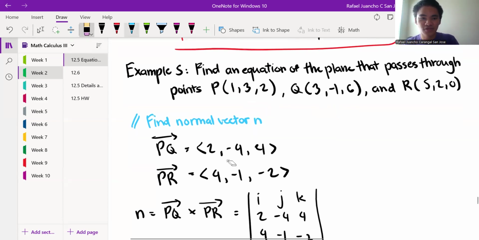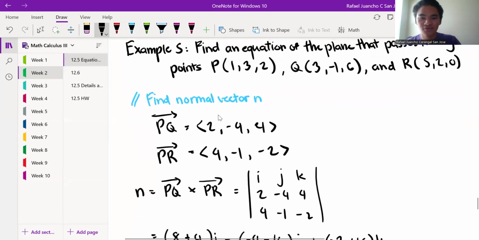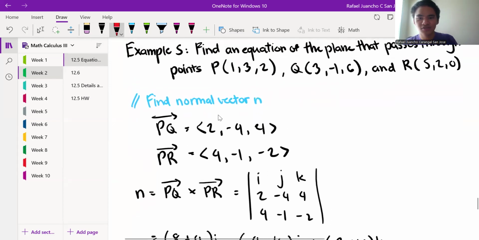Well, we got PQ and PR, those two vectors. And how did we do that? Well, P to Q, what's the change of each of their components? So 3 minus 1 is 2.